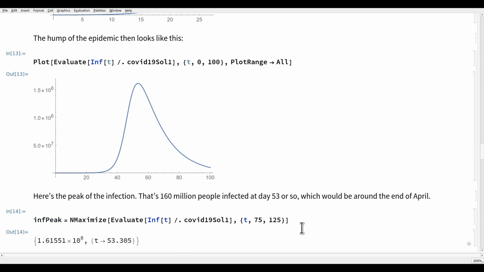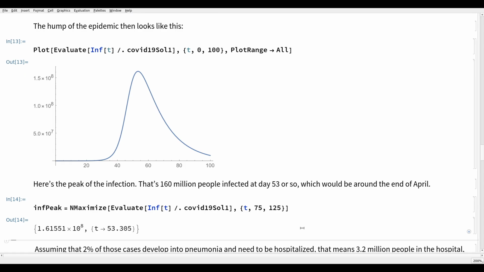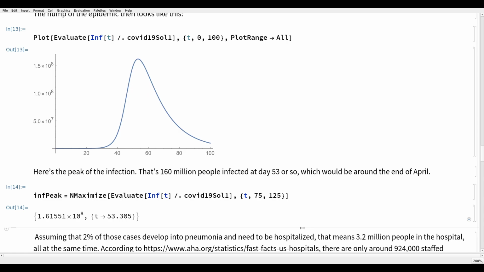That number is 1.6 times 10 to the 8th at day 53. 1.6 times 10 to the 8th is 160 million, which is half the country. That's half the country sick at the same time. And if that happens, well, things are going to be bad. Now, I should point out that hope is not lost.